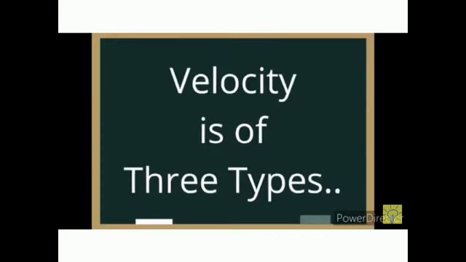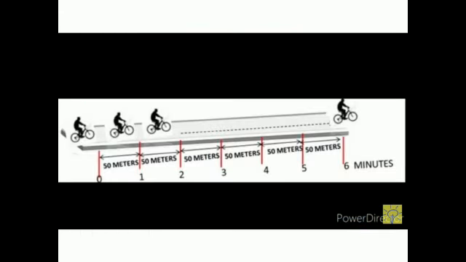Types of velocity. Velocity is of three types. Number one is uniform velocity. Consider an example. A cyclist is moving and covering a distance. That cyclist is covering 50 meter distance in 1 minute. Similarly, he is covering another 50 meter distance in 1 minute.